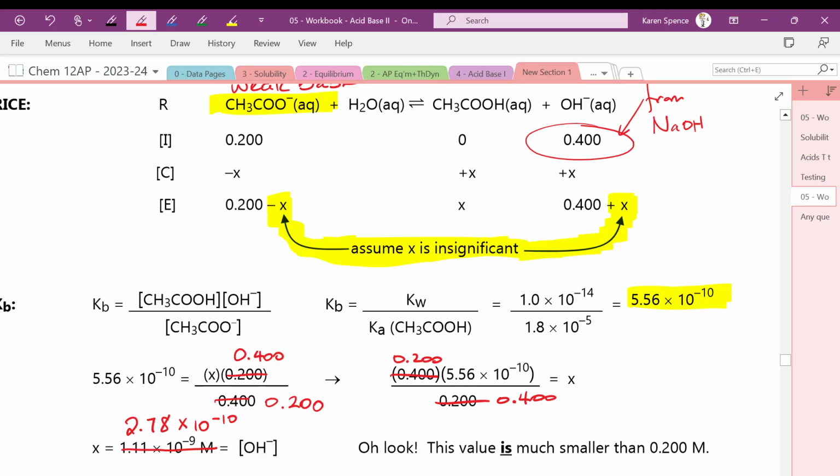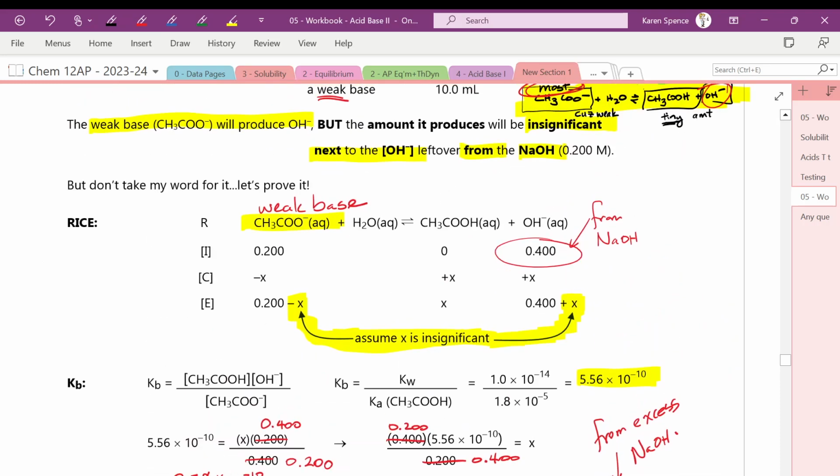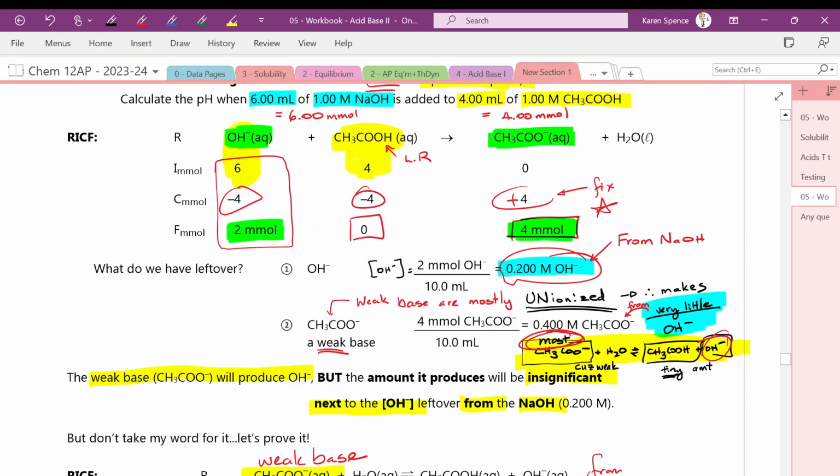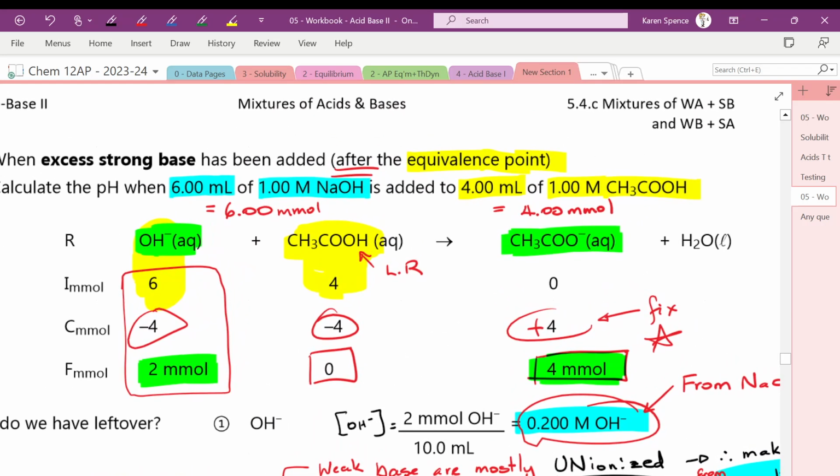This is so much smaller than the 0.2 molar that came from the excess NaOH. Yes? Okay. Like what do we have left over?